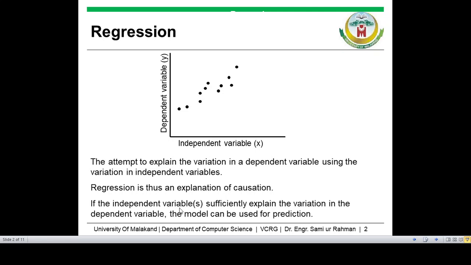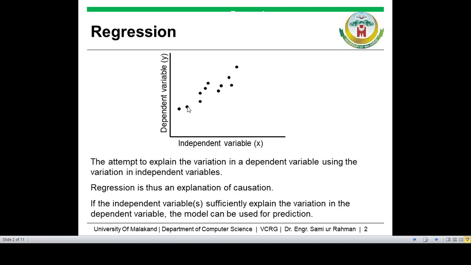Now if the independent variable sufficiently explains the variation in the dependent variable, the model can be used for prediction. For example, here we have some samples. Let's say this is variable x. When the value of variable x is at this position, the output or the value of variable y is here.